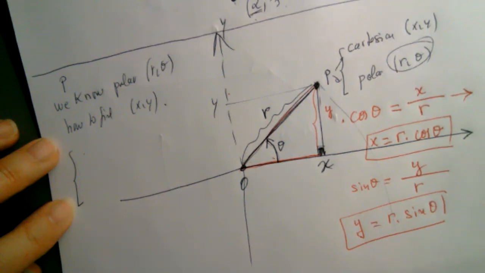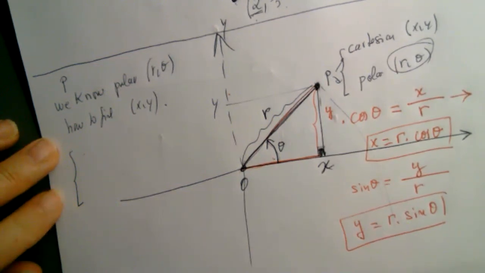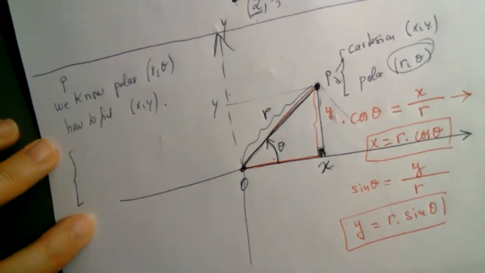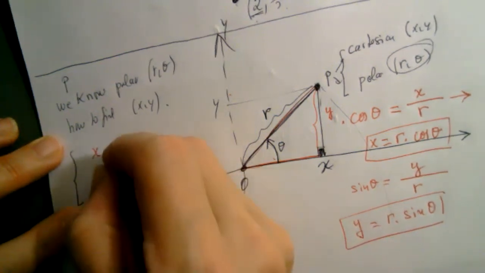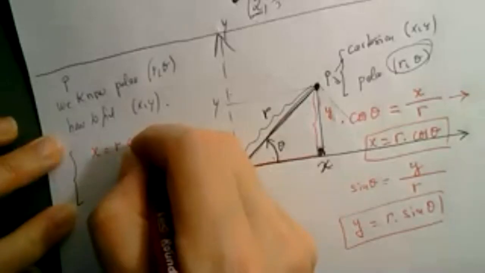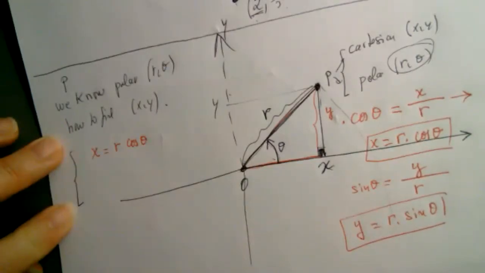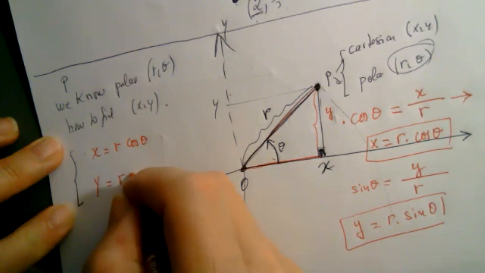Even though your answer is right, this is the one that I want you to use, simply because I want you to totally memorize them. My x is r cosine theta, and these are way easier to use than what you suggested, even though what you said is correct. And y is r sine theta.